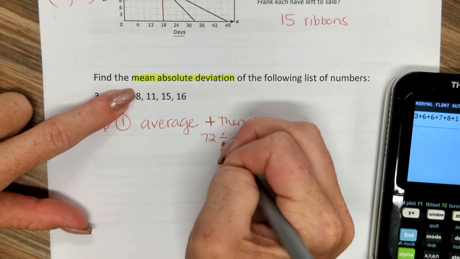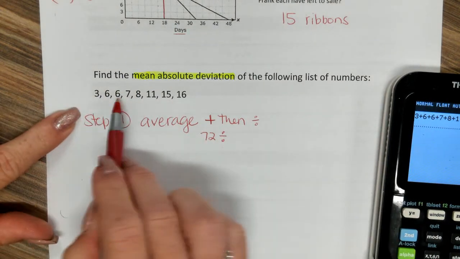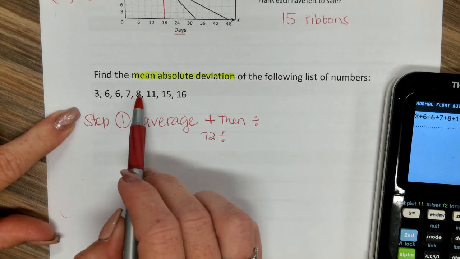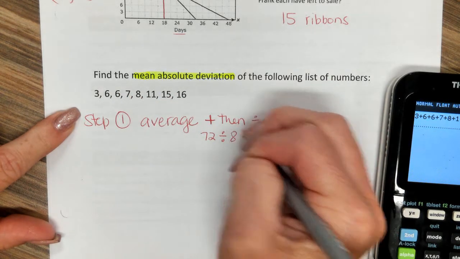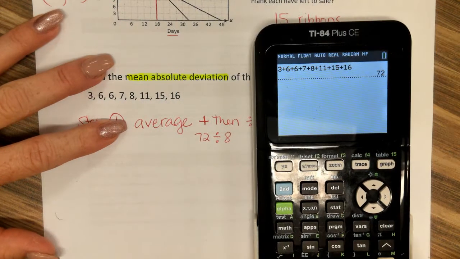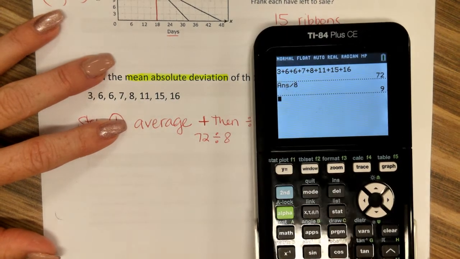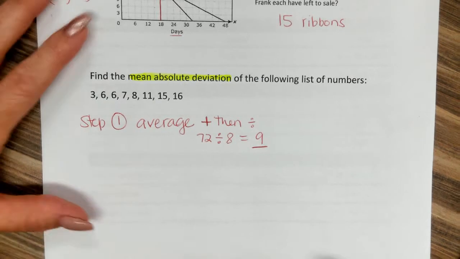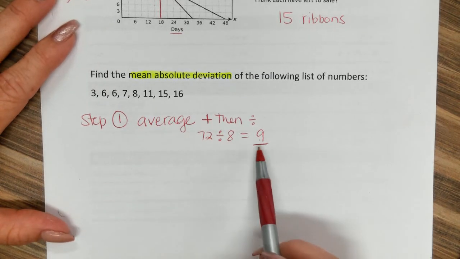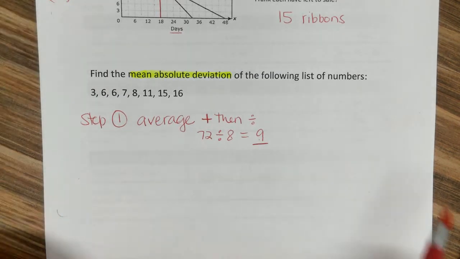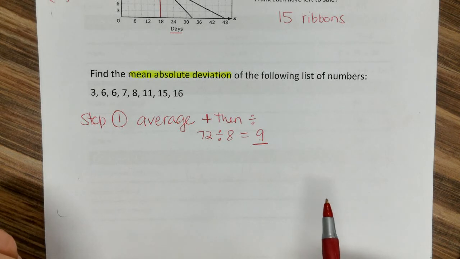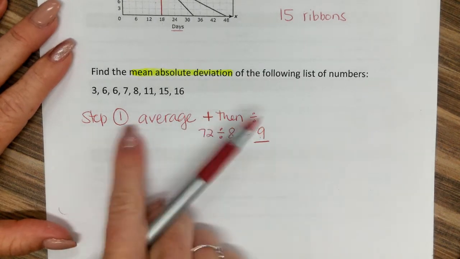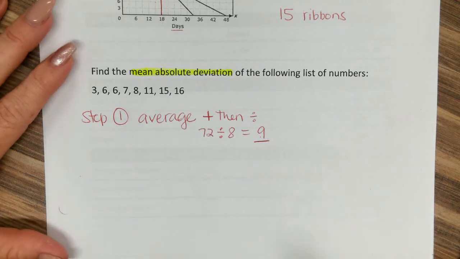Now I have to divide by how many numbers are there. So there's 1, 2, 3, 4, 5, 6, 7, 8 numbers. And 72 divided by 8 is 9. There will most likely be an answer that says 9. Do not pick it. Did y'all hear me? Because there's 3 steps and we've only done what? We only did 1 step.